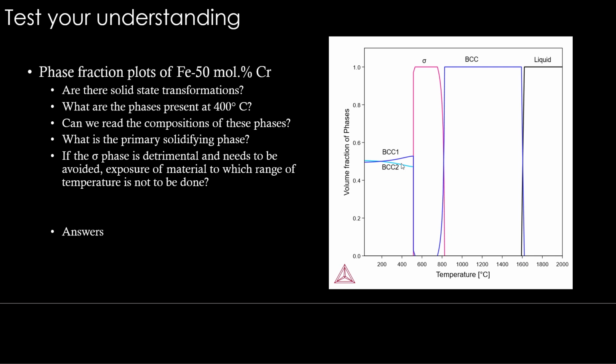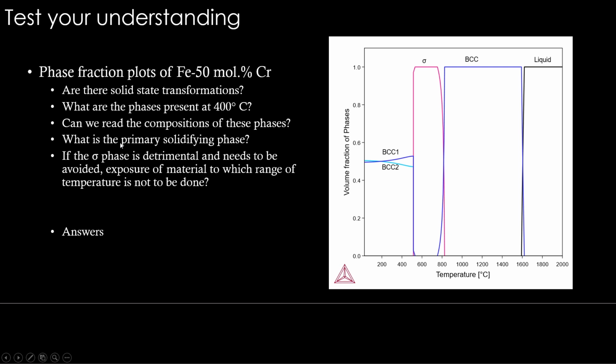The individual phase compositions are not available in this diagram. Okay. This is the phase fraction plot, not the composition plot. One can draw even that using the CALPHAD software, but this particular diagram, the phase fraction plot, does not carry any information on composition of individual phases.